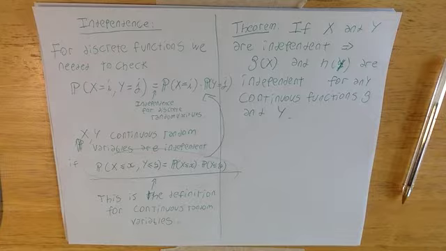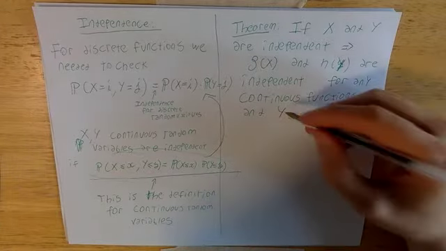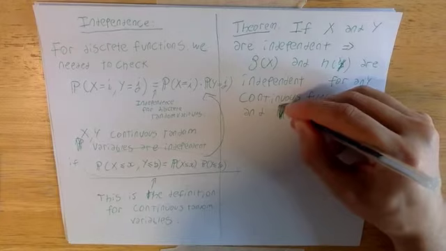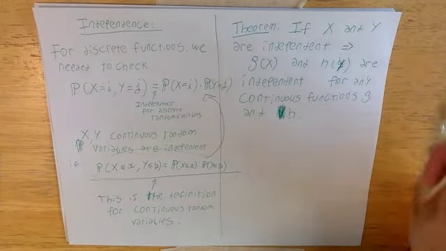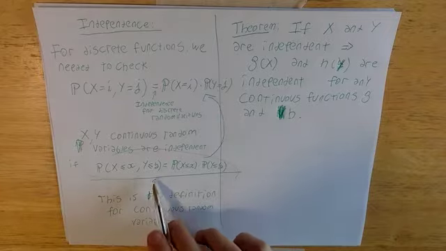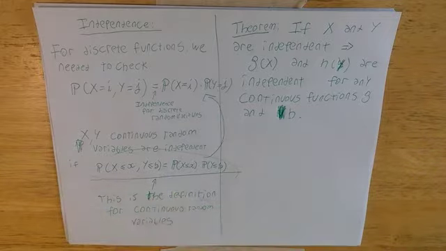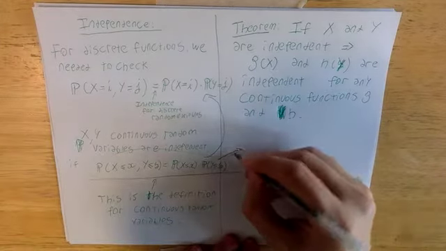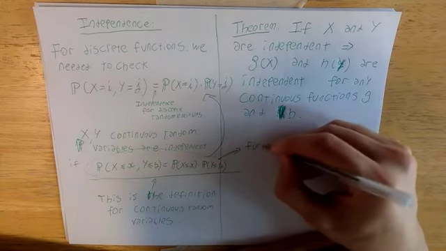Morally, the idea is having to take any continuous functions g and h. One of the things that we should realize about this definition here is that there is a further property of independence.